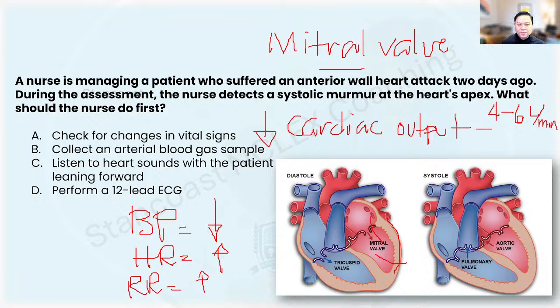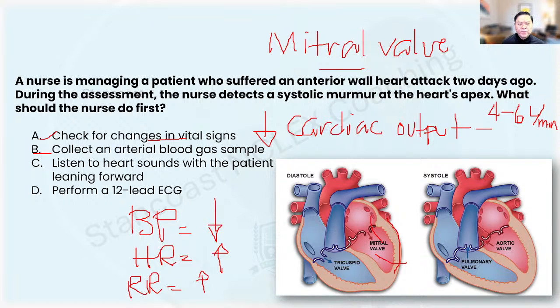Don't forget about that. Now, again, you should be mindful about the vital signs that you will be seeing in this patient. Okay, take a look into those significant changes. Again, you will look for the decreased blood pressure, increasing heart rate, and increasing respiration. So this is a possible good answer. What about letter B? Collect an arterial blood gas sample. Will that help?